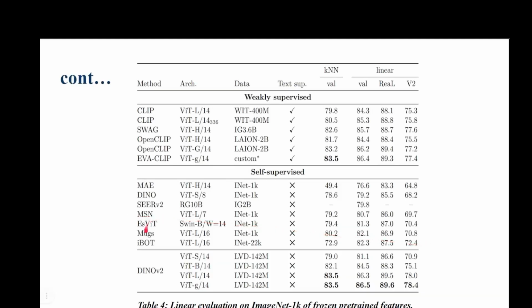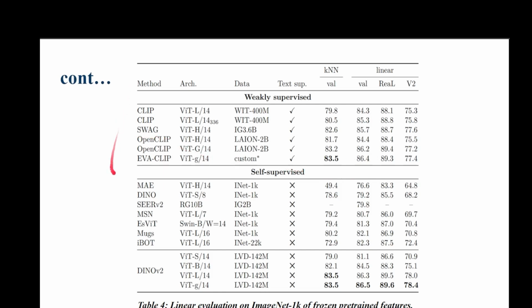So here are the results of linear evaluation on ImageNet 1K frozen pre-trained features. Top one accuracy on the validation set for publicly available models trained on public or private data, with or without text supervision, are reported here.